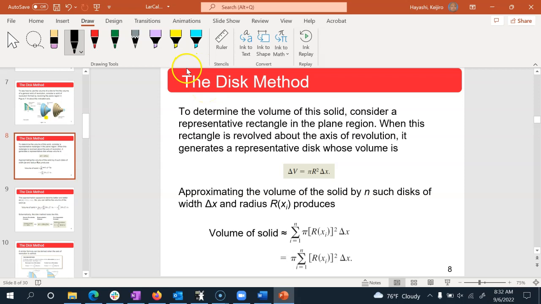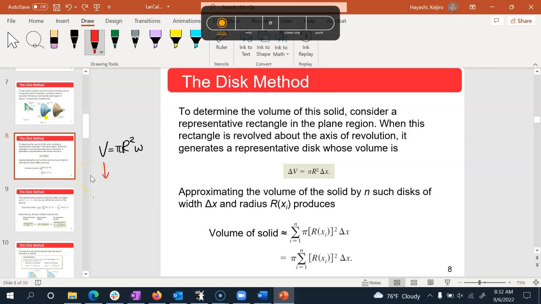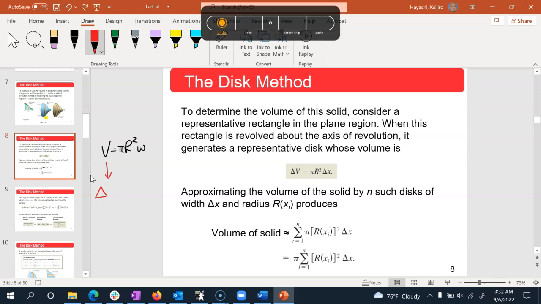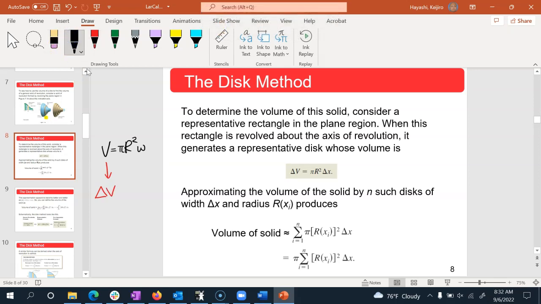Okay, so before we established that the volume of any of these disks is given by pi big R squared W. Now, if you think about the change in volume, all the radiuses are still the same, but as you increase the number of cylinders, the width is going to become thinner.